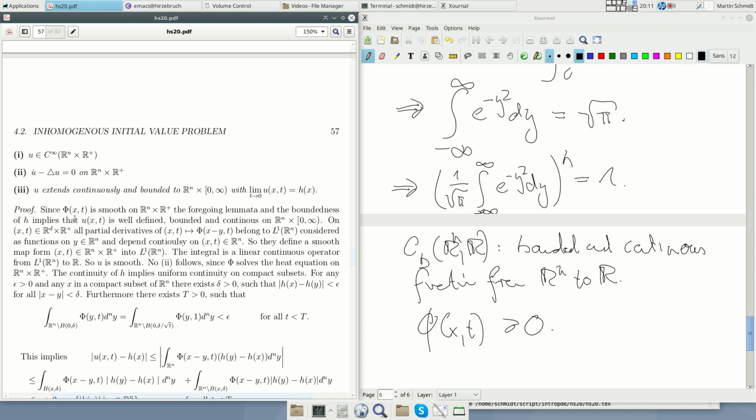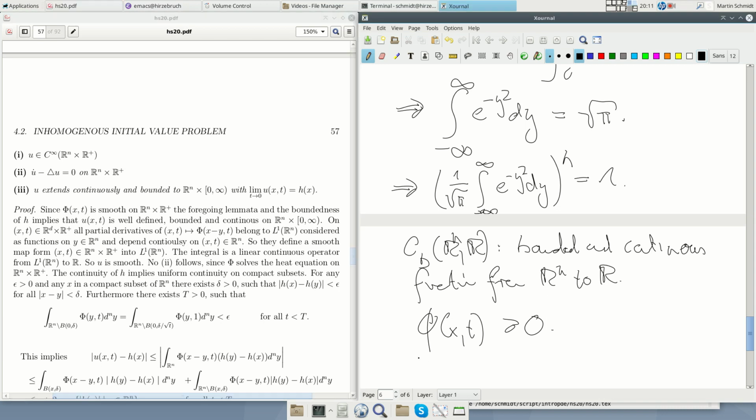So by the boundedness, the integral over Rn of phi of x,t times h is clearly well defined.